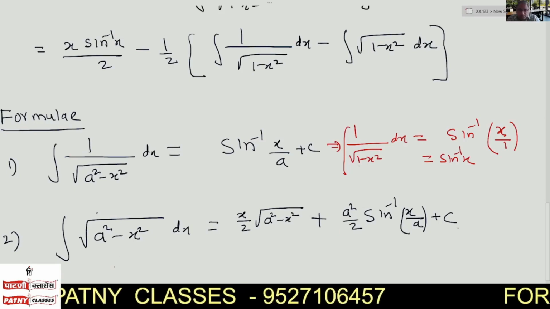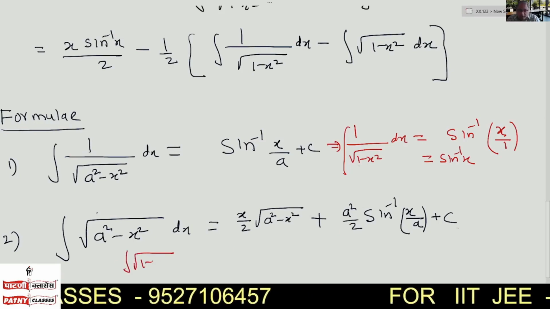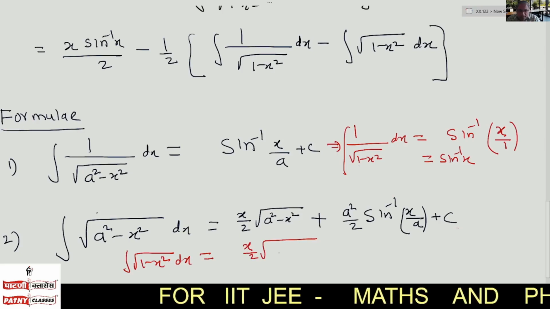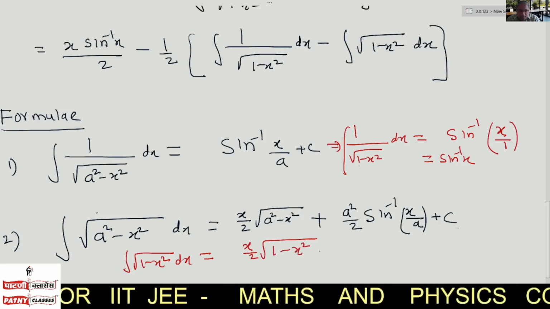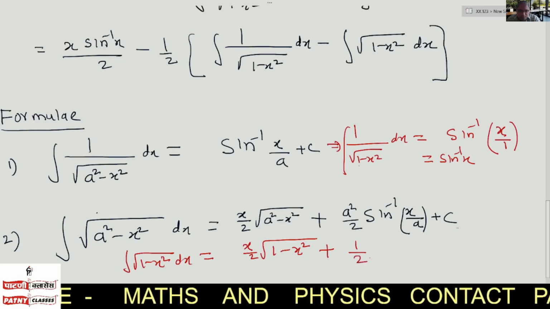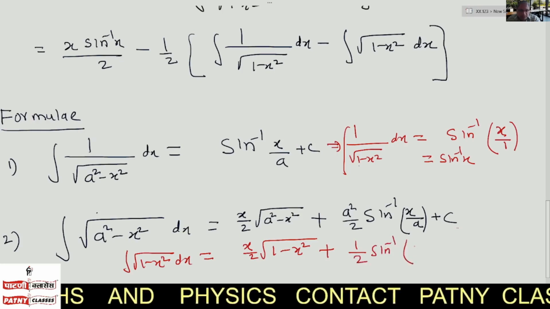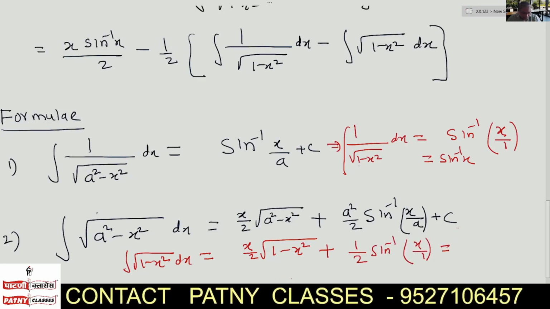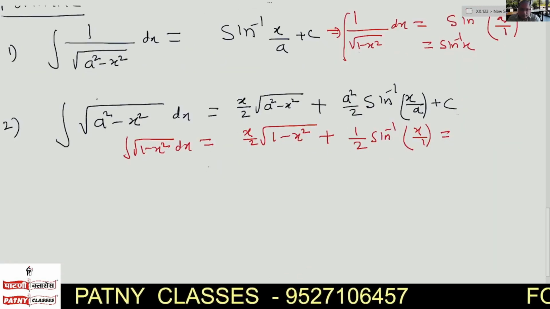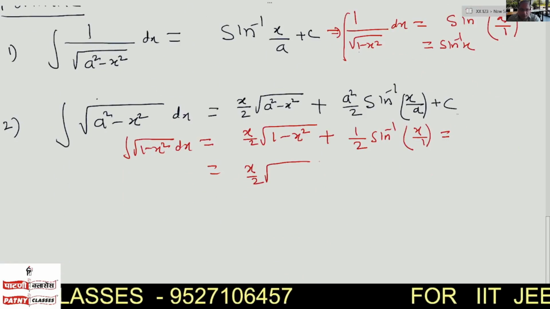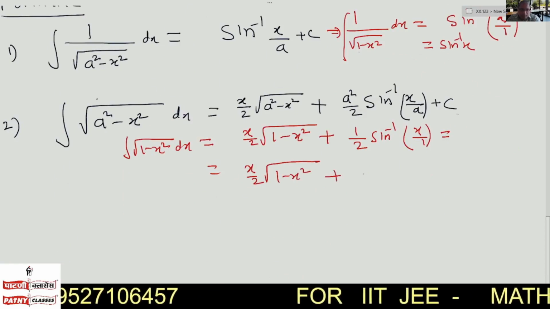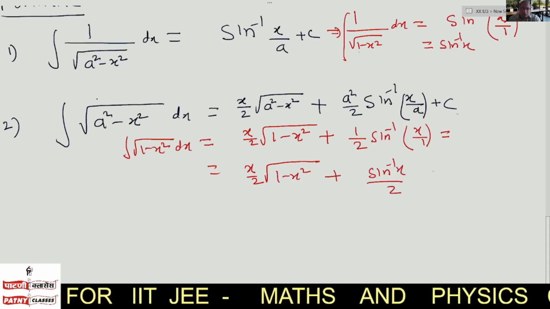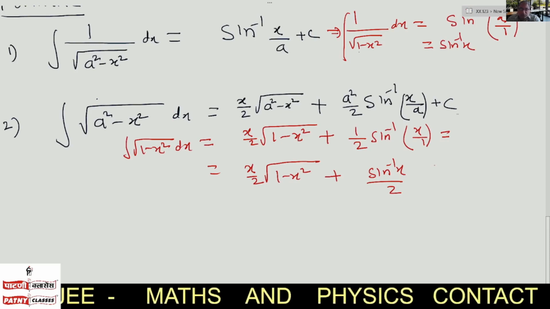In the second part, integration of under root of 1 minus x square with respect to x equals x by 2 under root of a square, that is 1 square, minus x square, plus a square, that is 1 square by 2, sine inverse of x upon a, that is x upon 1, equals x by 2 under root of 1 minus x square plus sine inverse of x by 2. Now we will use these two results for the further simplification.